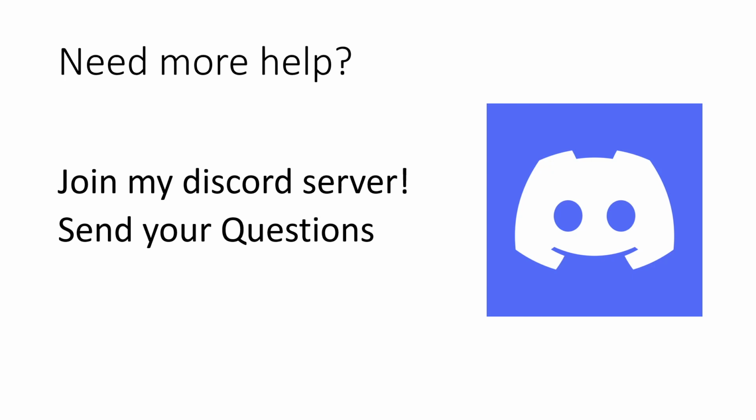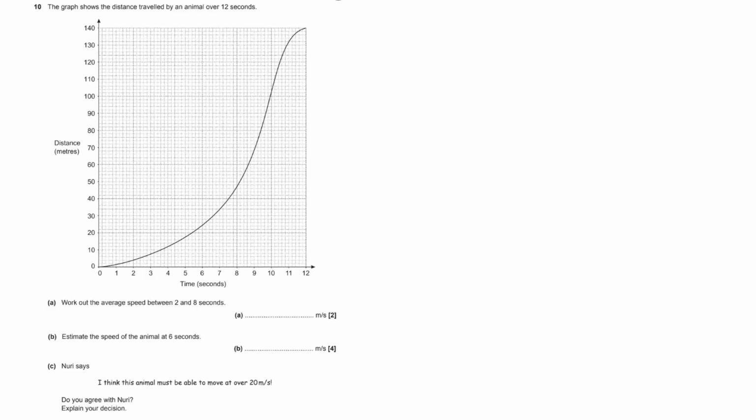Now, what about this one? This time we're going to use all that we have used so far. So first and foremost, we need to calculate the average speed of this time graph between 0 and 8 seconds. So we know that at 2, we are here. So that's, if I can see from the graph correctly, (2, 4).